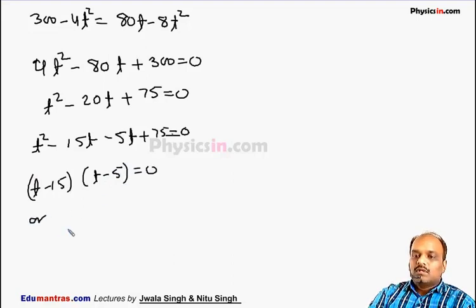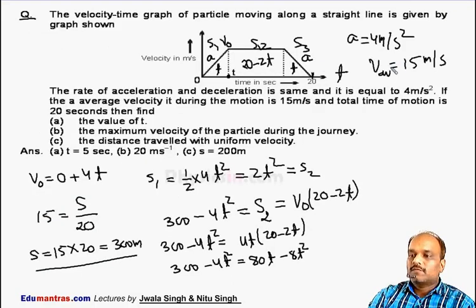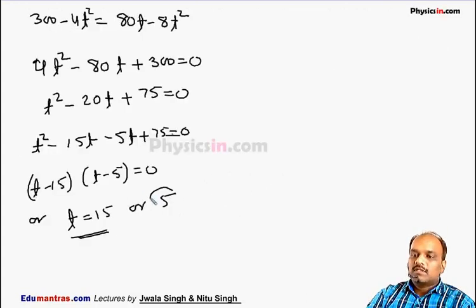So t is either 15 or 5. t equal to 15 is not possible, because if I substitute t as 15, this s2 becomes negative. s2 can never be negative, so the only possible option is t equal to 5 seconds. This is the first answer.